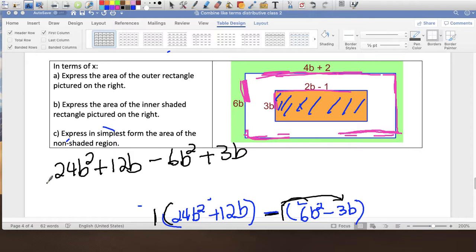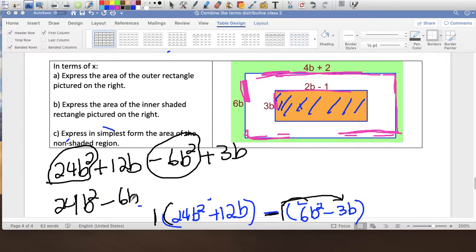Now, can I combine anything? Yeah, I can combine the b squared terms, and the b terms. So rewriting it, I get 24b squared minus 6b squared, and then plus 12b plus 3b. So all my like terms are next to each other.